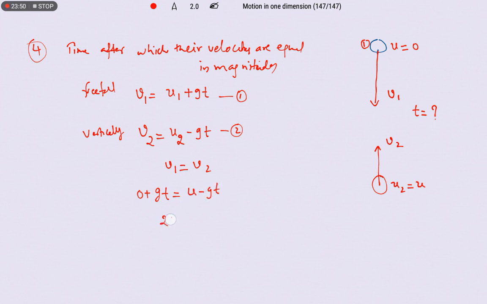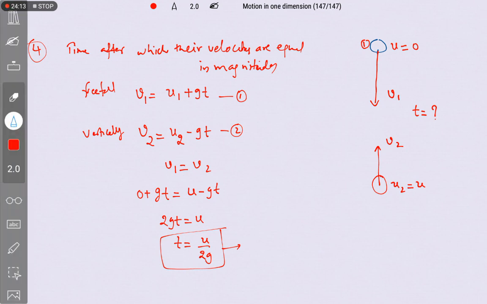So we can write 2gt is equal to u. Therefore t is equal to u by 2g. That is, after t equals u by 2g seconds, both the bodies will have equal velocities. So this is the time after which the bodies attain equal velocities.